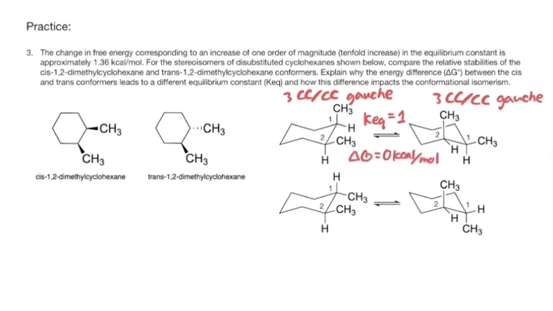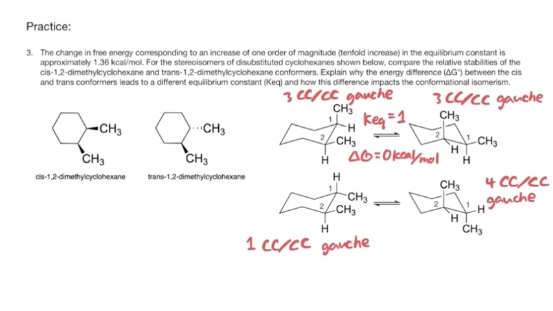In the trans isomer, performing a chair flip from the conformation on the left to the one on the right increases the number of destabilizing gauche interactions in the ring by 3, going from 1 C-C-C-C gauche interaction on the structure where both methyl groups are equatorial to 4 C-C-C-C gauche interactions on the structure where both methyl groups are axial.